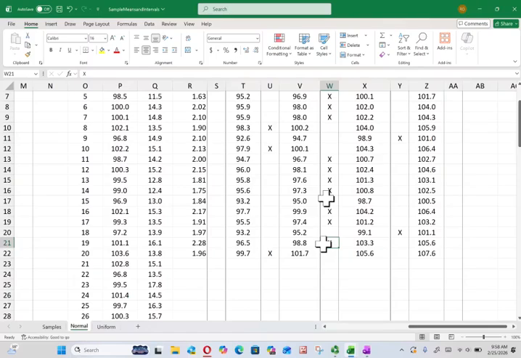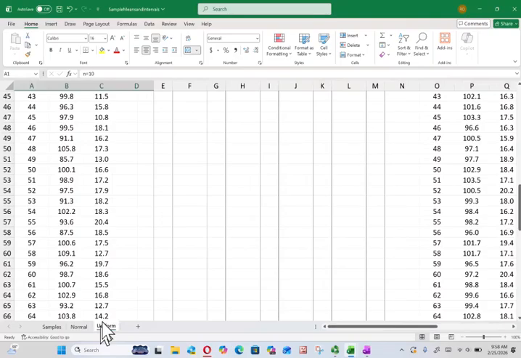Also, these numbers came from a normal distribution. Original population was normal. If I don't have a normal distribution, I still have normal distribution bets. But they won't be as good until I get to larger sample sizes.